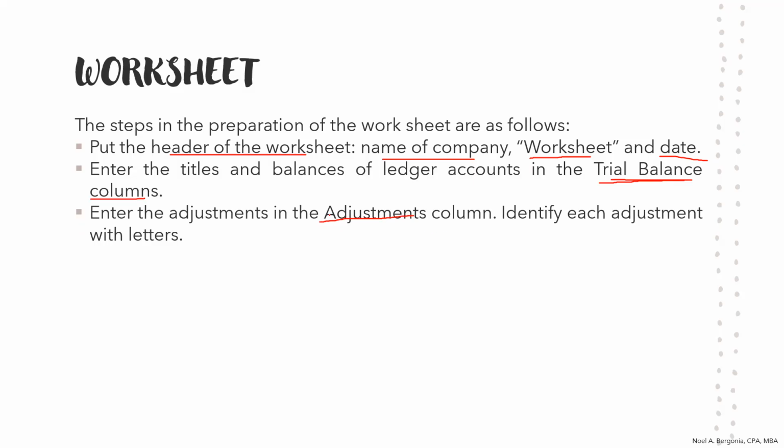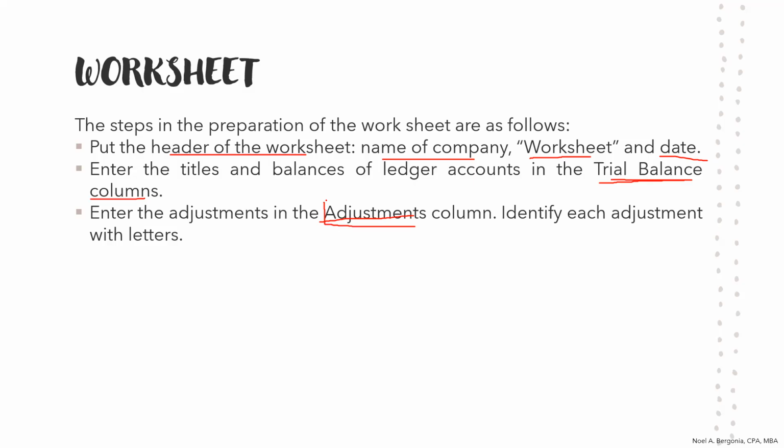For the meantime, to facilitate the preparation of financial statements, gumagawa muna tayo ng adjustments in the worksheet. Then afterwards, we put it in our journal. Sir, hindi ba double work yun? I think hindi naman, because our goal is to prepare the financial statements immediately first, and then journalize and post adjusting entries with the help of the worksheet.